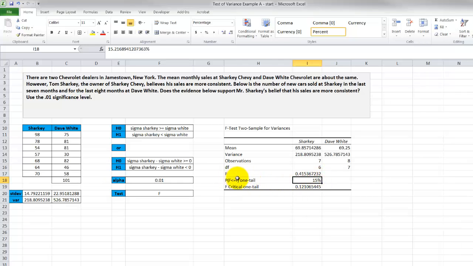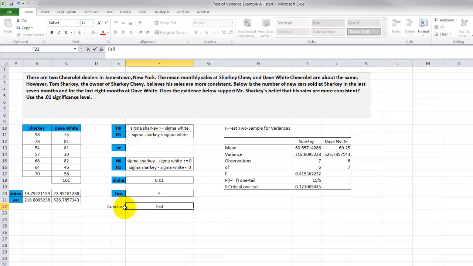The p-value is saying it's a very high value. It's larger than alpha, which means we fail to reject the null. So let's document that conclusion. Fail to reject the null, which means that essentially Sharky is just as, well, the main point is that there is no difference.